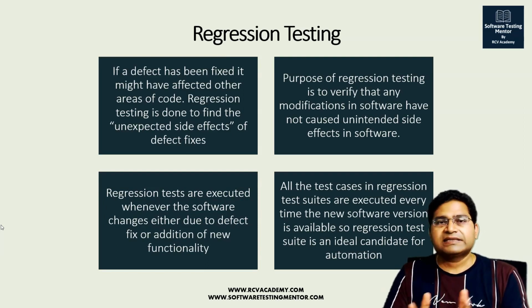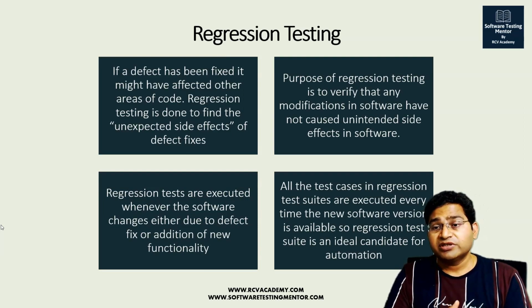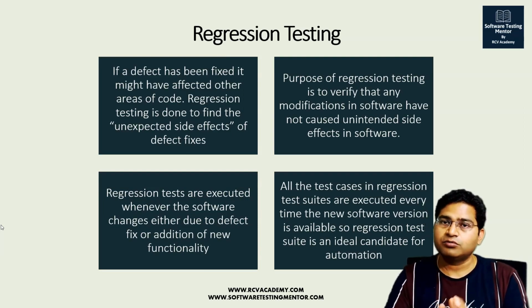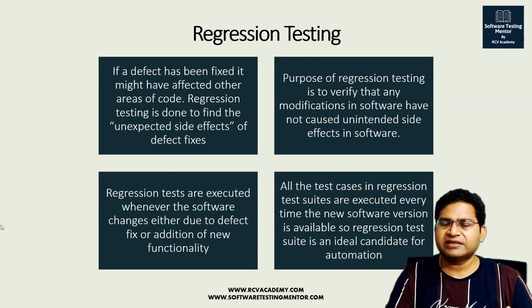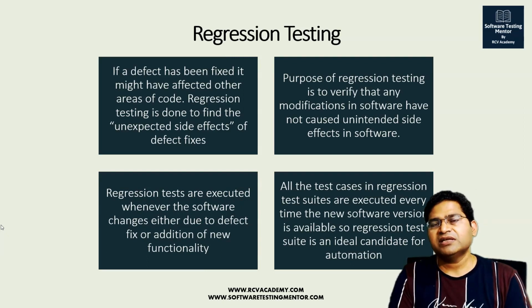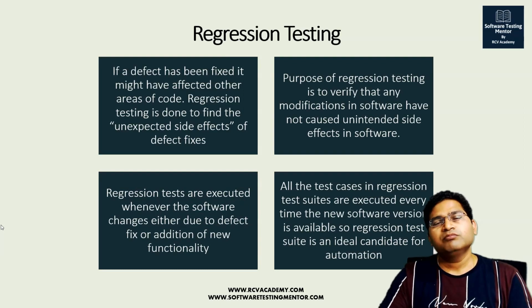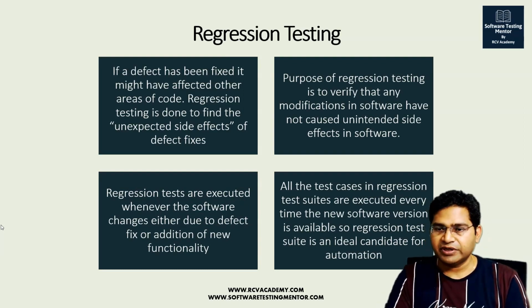And all the test cases in regression test suites are executed every time a new software version is available. So the regression test suite is an ideal candidate for automation. If somebody asks what's the ideal candidate, basically regression test cases are the first sort of test cases that you should be targeting, apart from the build verification, to be automated. Now why?